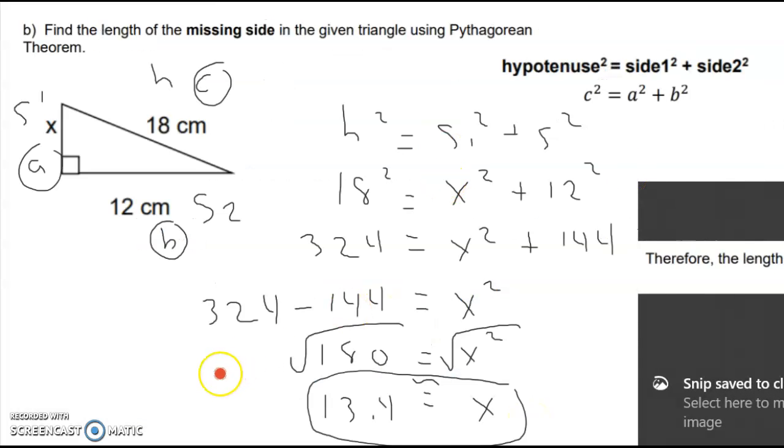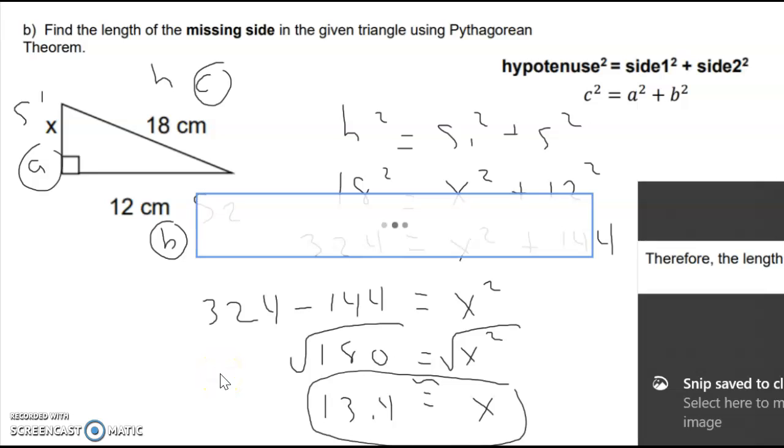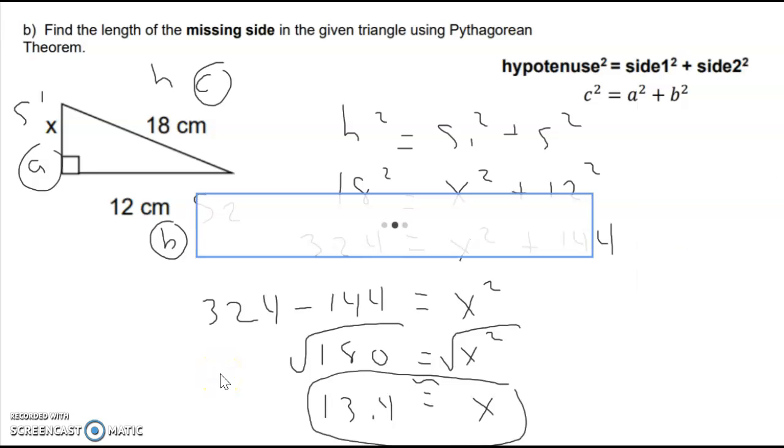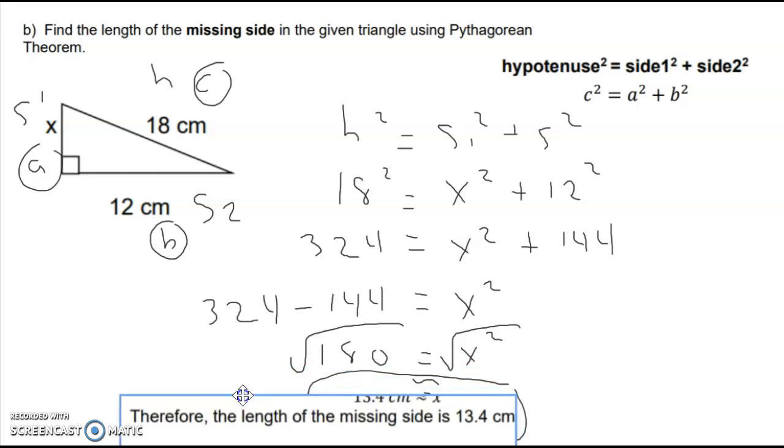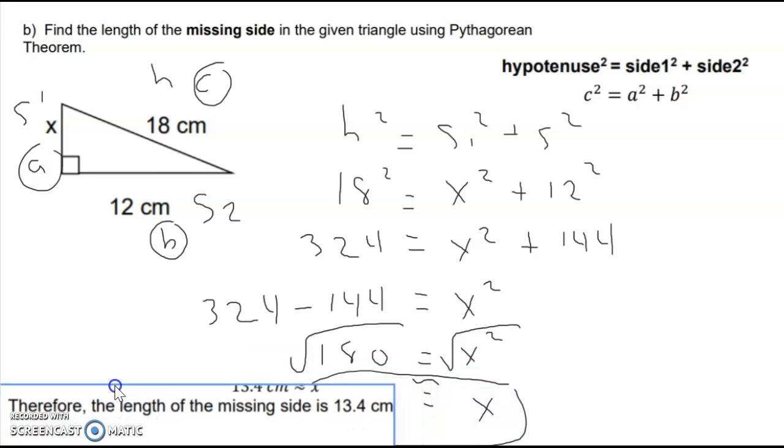Put it on my Jamboard. So here's going to be your therefore sentence. Therefore, the length of the missing side is 13.4 centimeters.